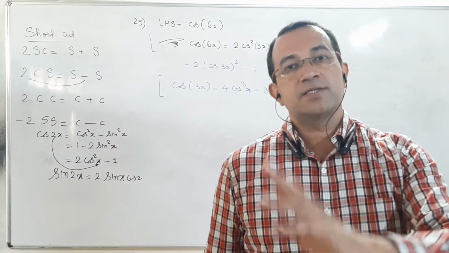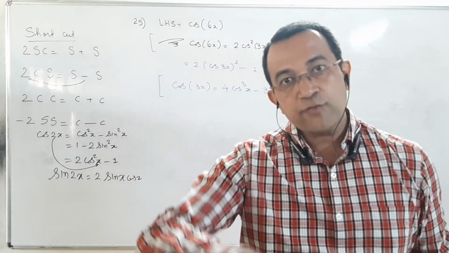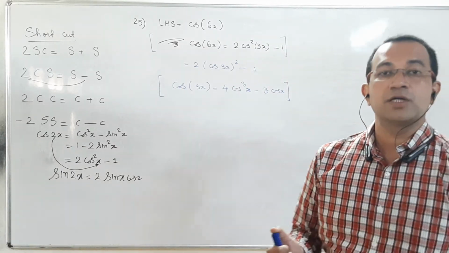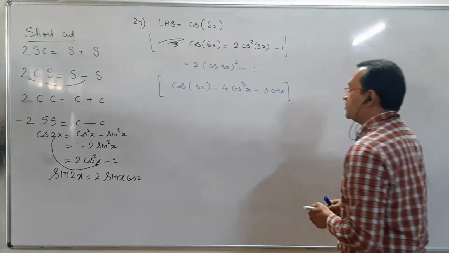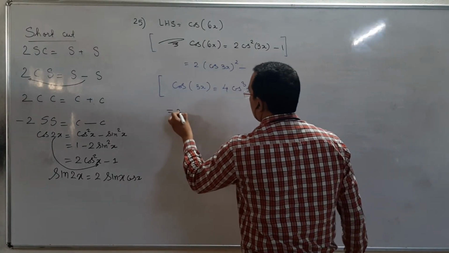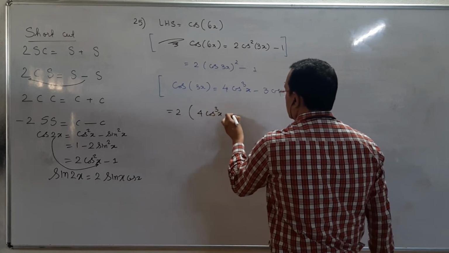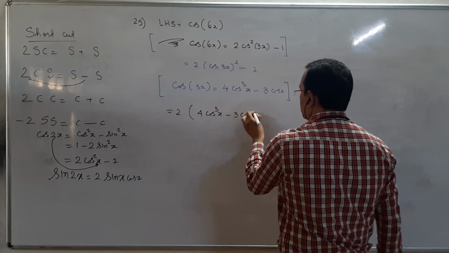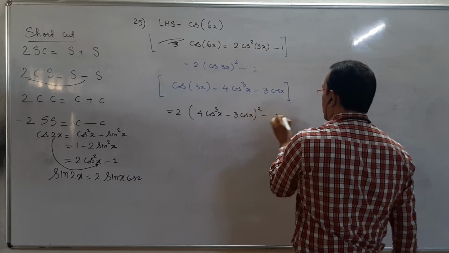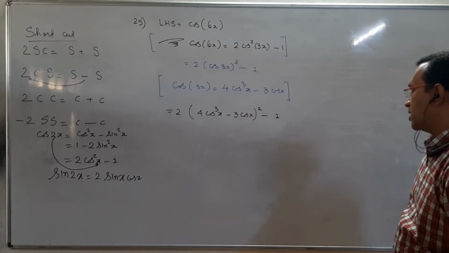Always the angle is half. Now from 3x I have a direct formula to convert to x. So I am substituting that formula. This becomes 2 into 4 cos cube x minus 3 cos x the whole square minus 1.